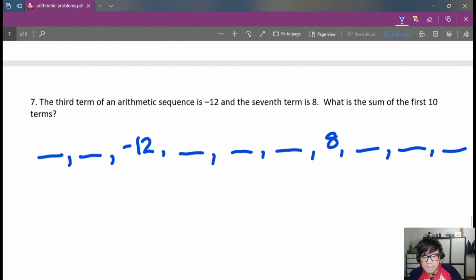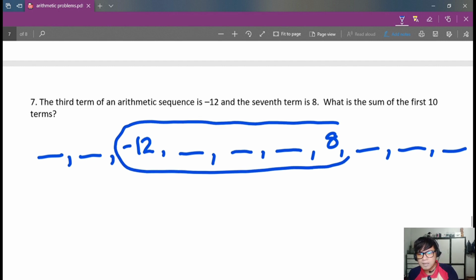Sum nito lahat. So, ang information lang na meron tayo, yung third term, which is negative 12, pati yung seventh term, which is 8. Hindi natin alam ang common difference. So, that's why hindi tayo makaproceed. Hindi natin ma-fill up itong mga blanco dito para ma-add na natin lahat. So, ang gagawin natin, we will use only the data na meron tayo, which is negative 12 and 8.